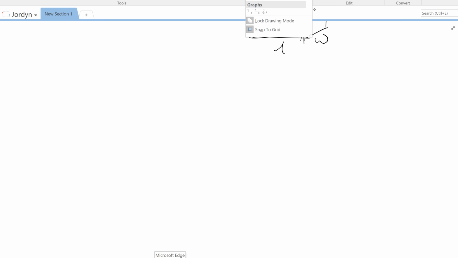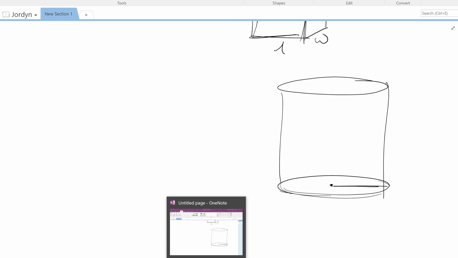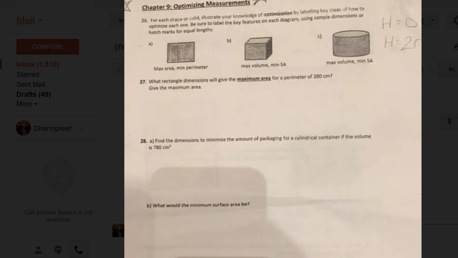Yeah, so let me draw that quickly. So you have a cylinder like that, and we want to maximize its volume and minimize surface area.